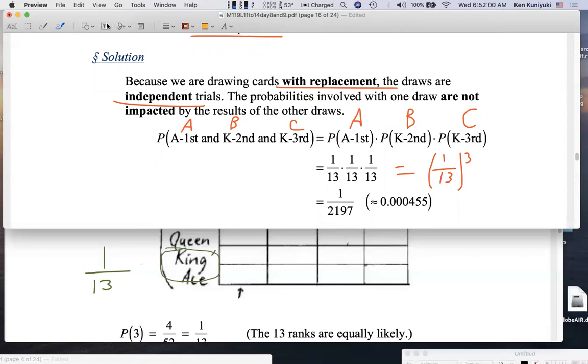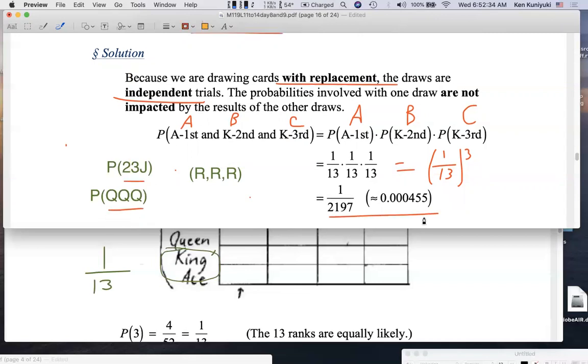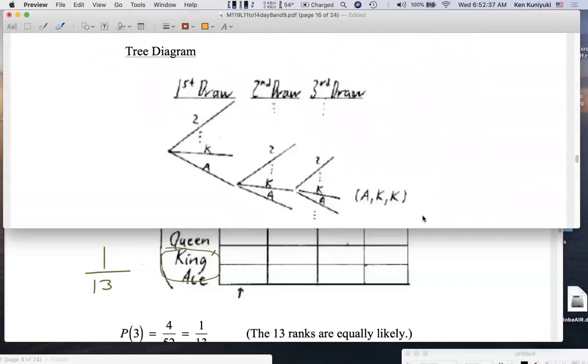For that matter, what's the probability that you get 3 queens? What's the probability that you get a 2, a 3, and a jack? Each of these probabilities will be equally likely. There are 2,197 ordered triples of ranks, each of them equally likely. It's the same probability. Look at this possibility tree.